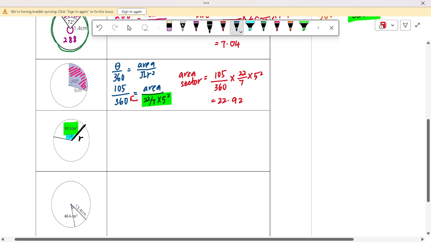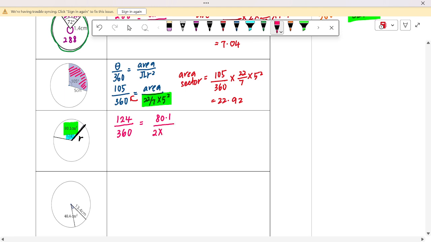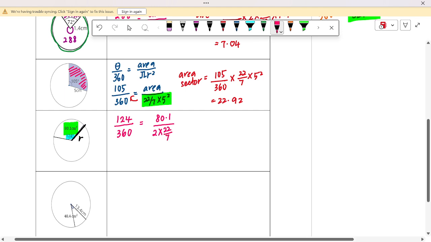So as usual, first step, substitute everything into your formula. 124 over 360 equivalent to 80.1 over 2 times 22 over 7 times r. Okay, so right now your unknown here is r.